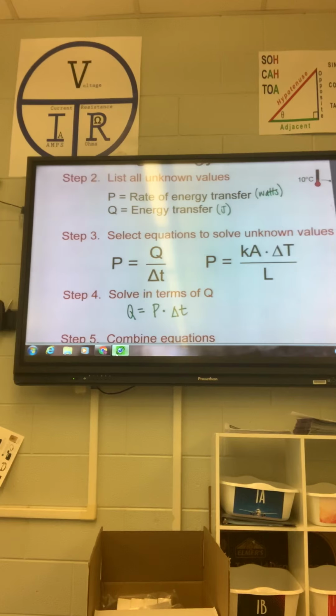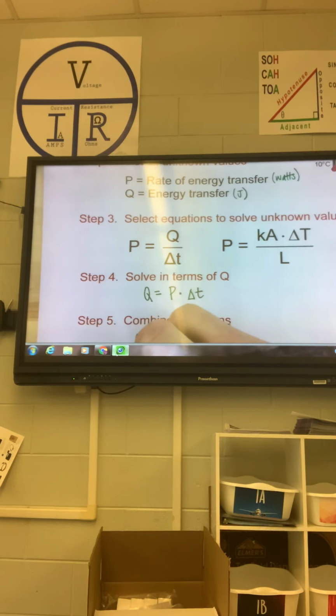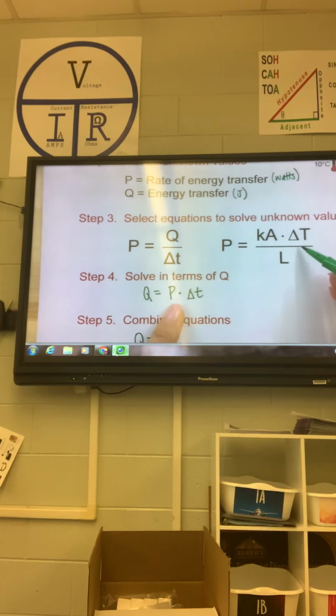I'm going to show you the absolute longest way, not always the longest, but most of the time the longest way. There are going to be other avenues to get there, but some people need to know exactly where everything comes from. And then we're going to combine these equations. So I'm going to solve for Q, and plug this P equation into it.